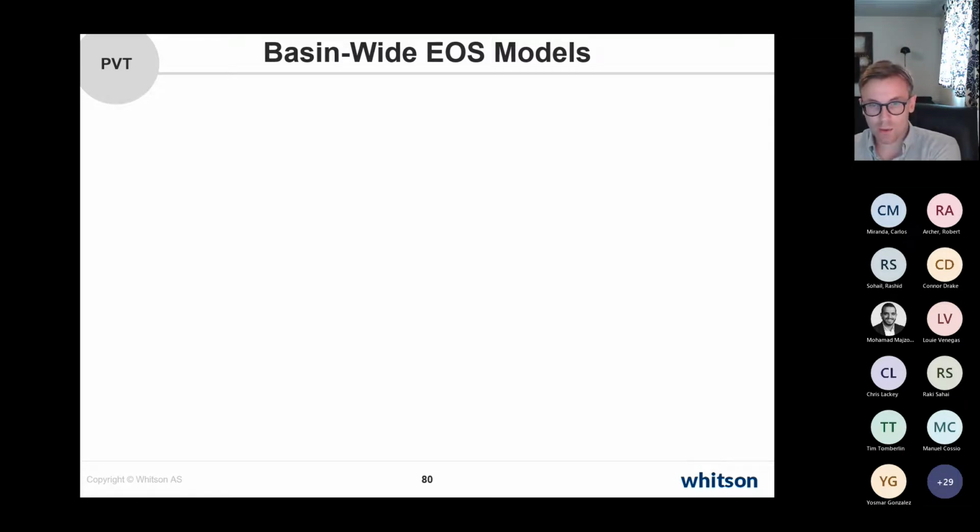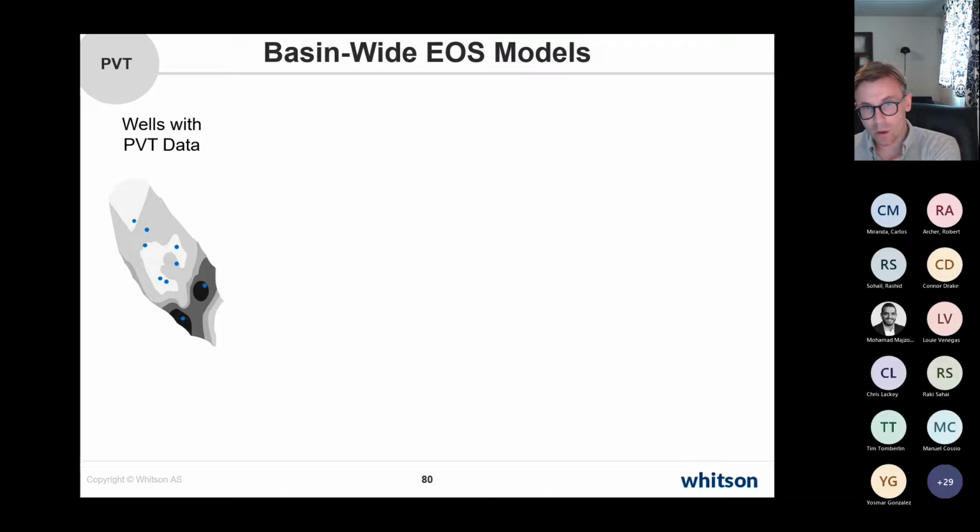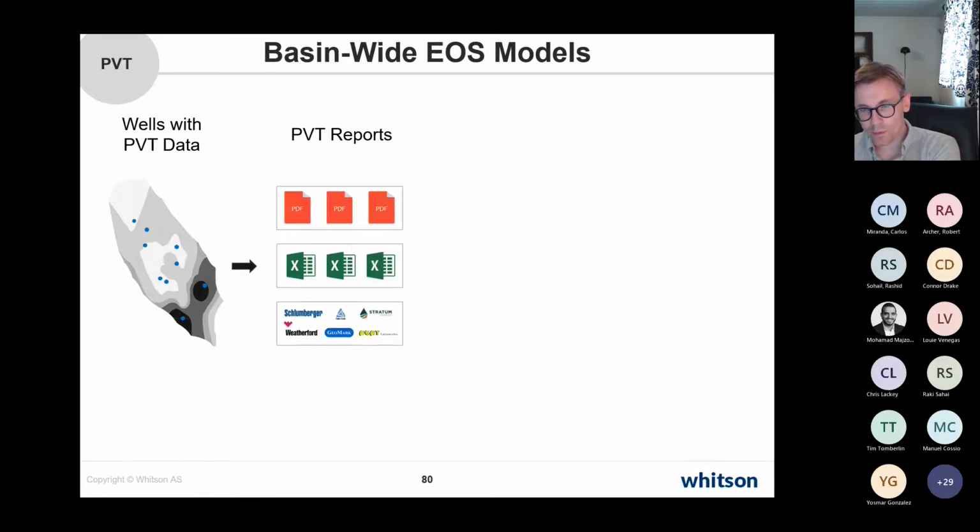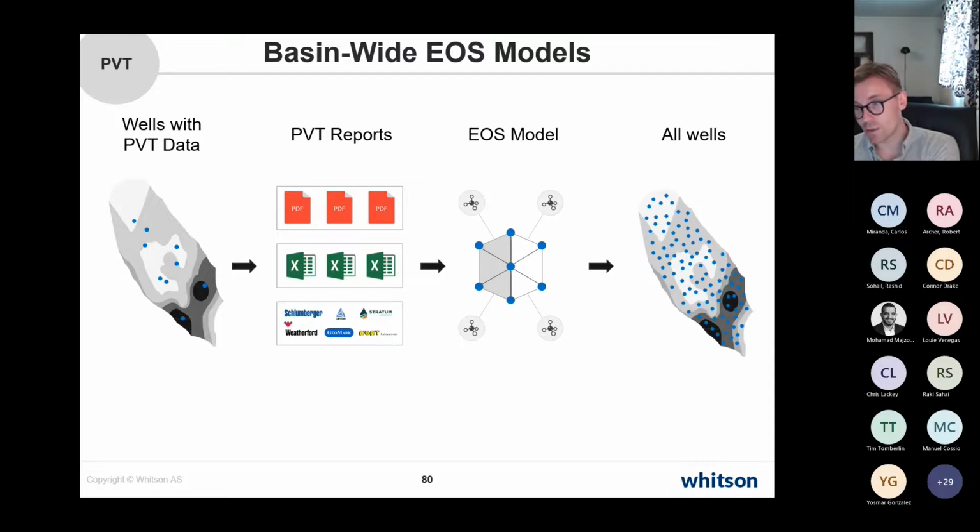That is a process where we take all the PVT data from all the wells in the basin, from all the different reports and all the different laboratories, and create one field-wide equation of state that can then be used to predict phase and volumetric behavior for every single well across the acreage.